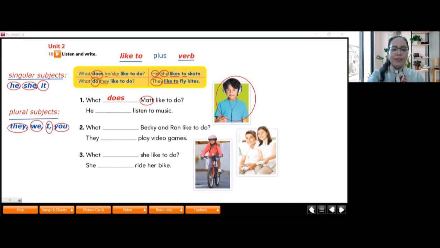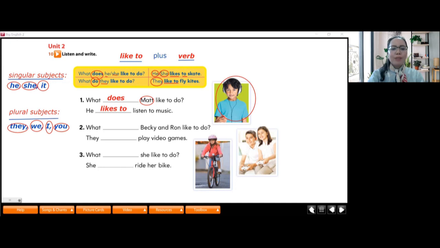And the answer, likes to or like to? For the singular subject, we have to use the verb like with s and then to, likes to.